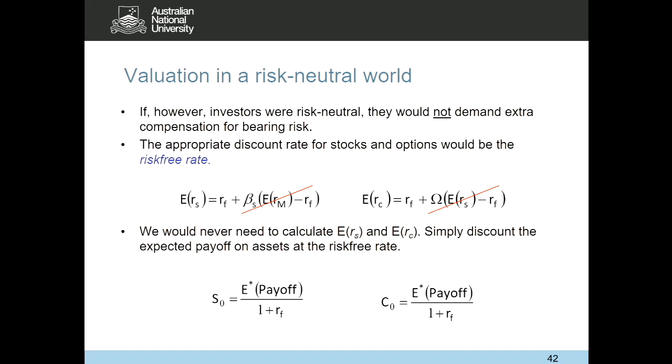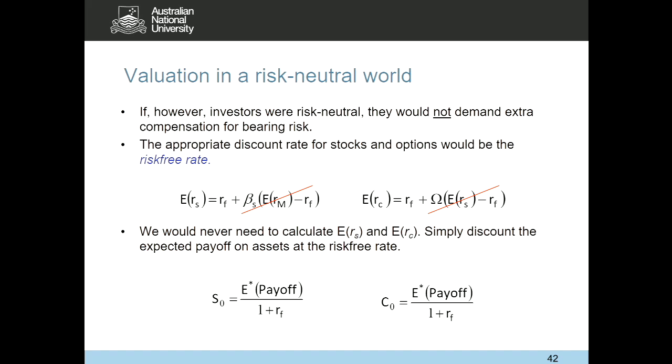Going back to Finance 101, you learned there are several types of investors. There's the risk-averse investor, most investors, who are afraid of risk, and they need to be compensated with extra return to enter into risky investments. That's the first type, the most common type of investor. And there's the risk-neutral investor, who is indifferent between risky investment and risk-free investment.